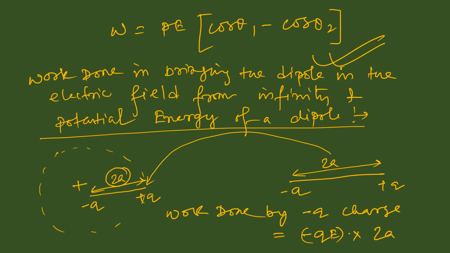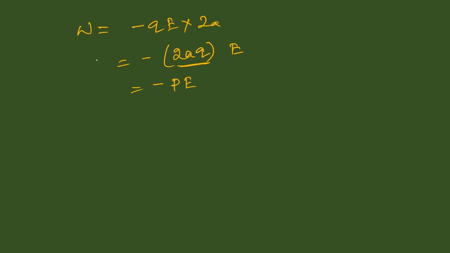Whenever you multiply them, the value we get is minus q into E multiplied by 2a. So it is minus 2aq multiplied by E. In this case, 2aq is the value of the dipole moment, so we can write this as minus p into E. That is the work done by the negative charge whenever the dipole is brought from infinity into the electric field.